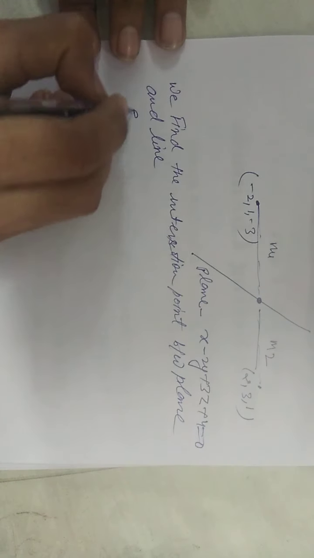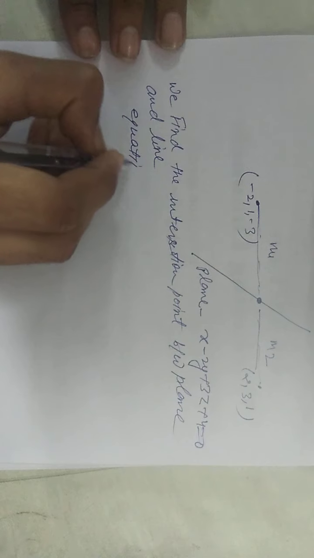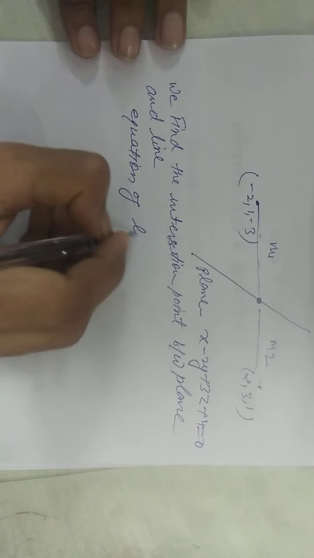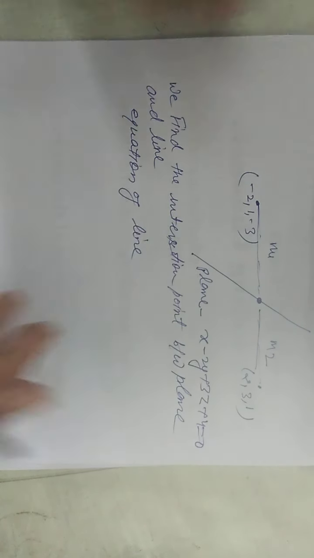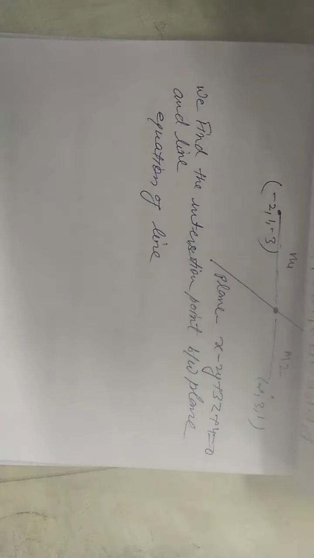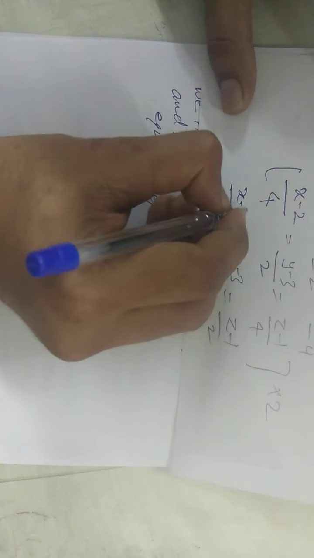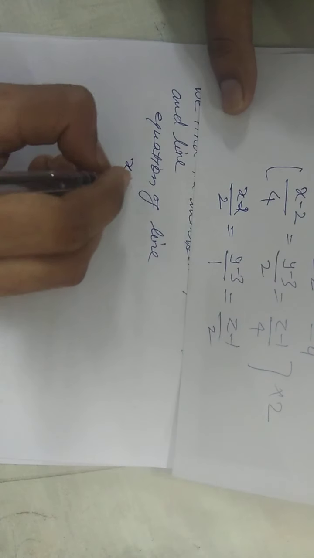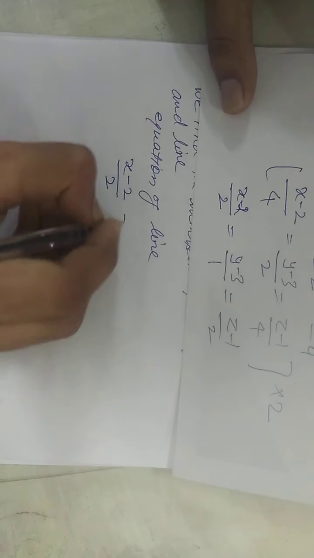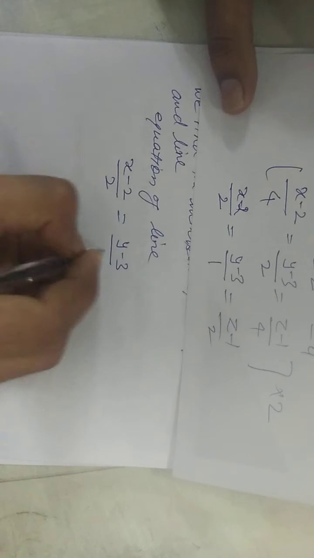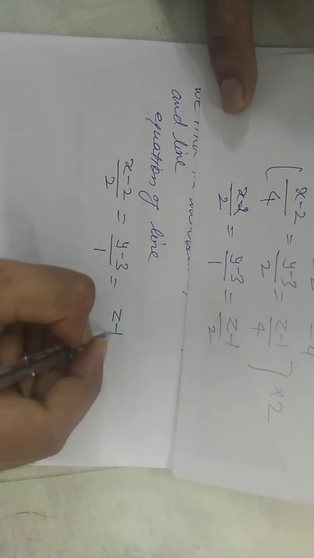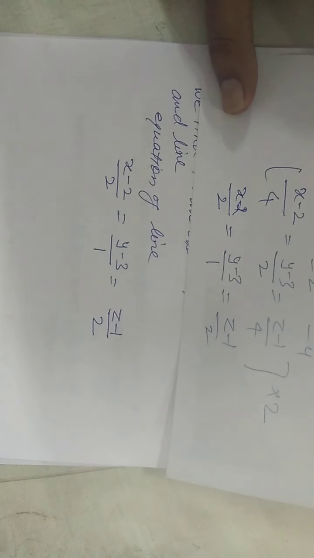The equation of the line is (x minus 2) upon 2, (y minus 3) upon 1, (z minus 1) upon 2.